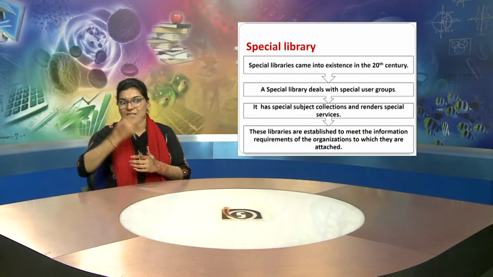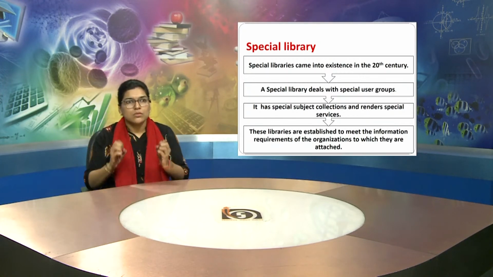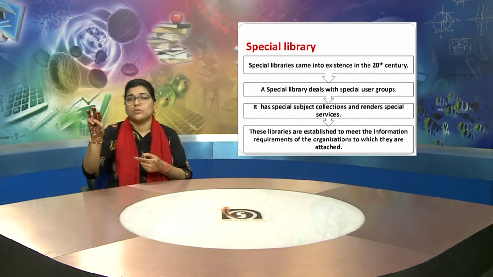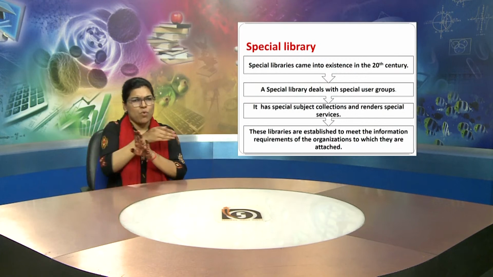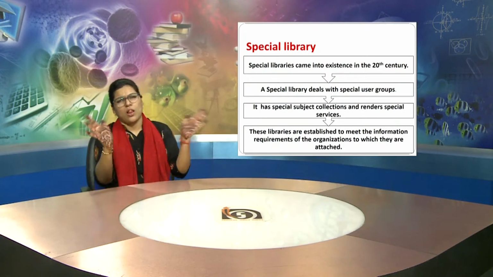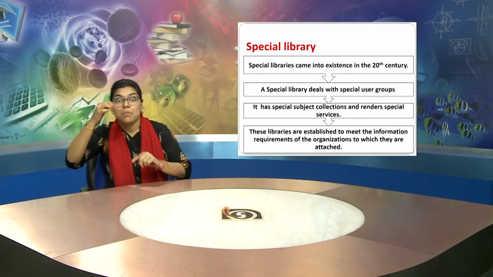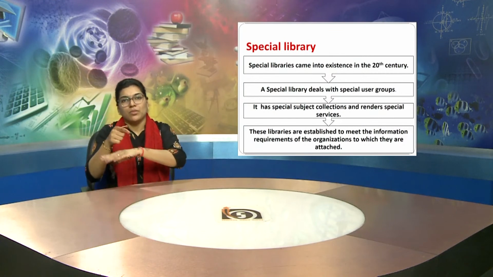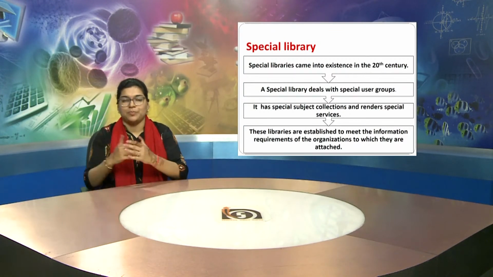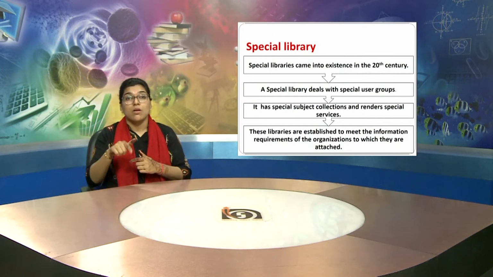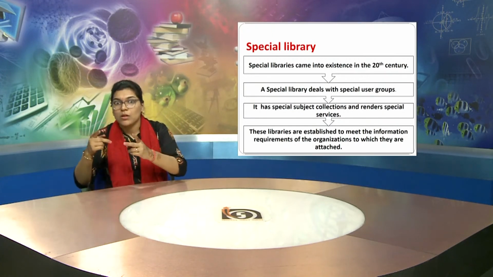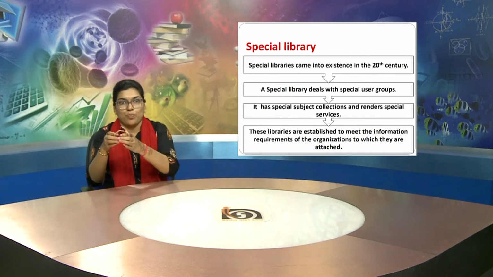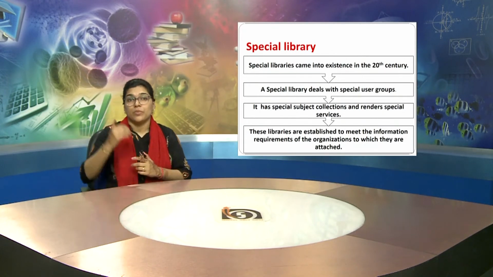Now here we are discussing some special libraries. The special libraries came into existence in the 20th century. Earlier, there were general libraries, but from the 20th century onwards, the special library came into existence. And the special library deals with special user groups.